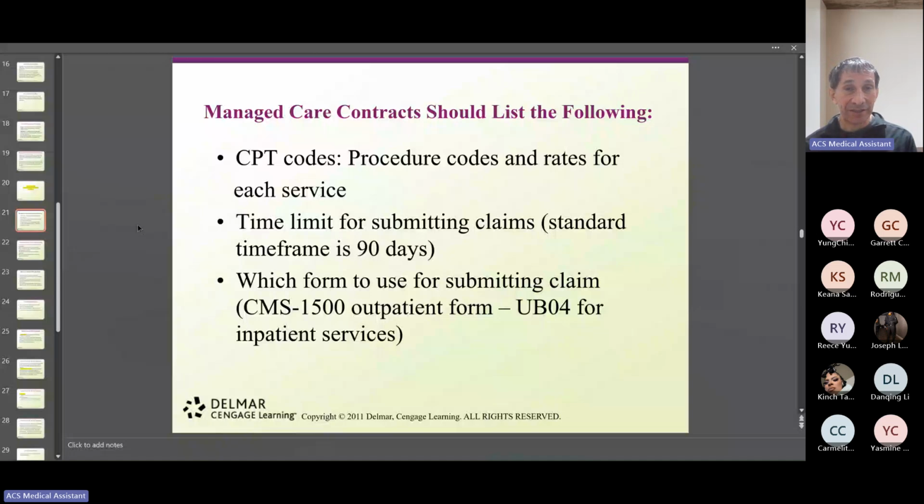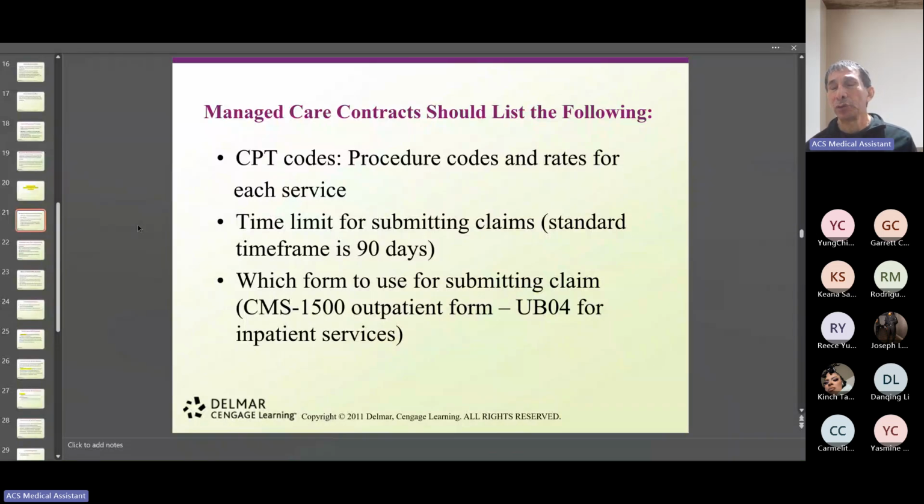But if it is these HMOs, it's going to take up to 2 months, 3 months to get paid if the claim was completed correctly. Otherwise, they're going to return the claim and we have to resubmit it again until we meet all the requirements. So that's basically what it is.